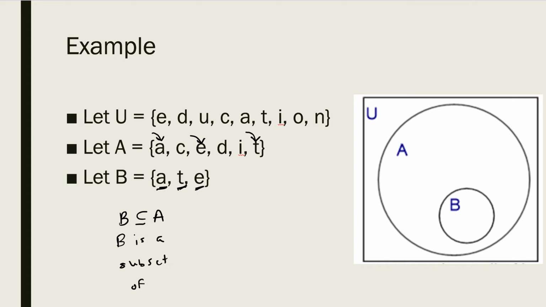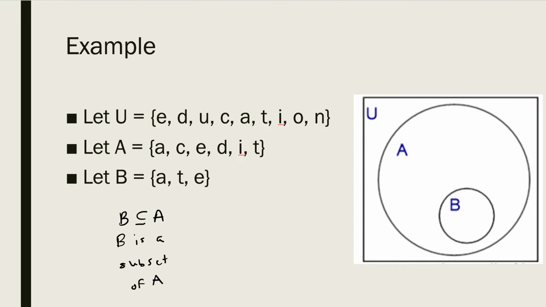So what that means is that when I draw my Venn diagram, and you can see that in the picture, set B should be a circle inside of set A. It is a subset of set A. Okay, now furthermore, set A is also a subset of something.